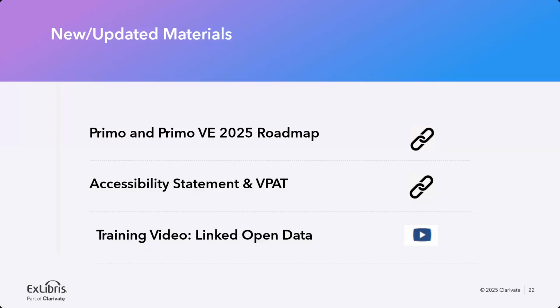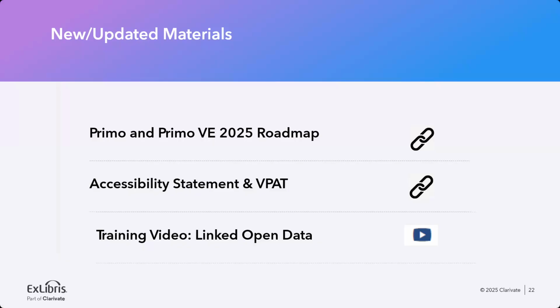The second change is in order to align with other Ex Libris products, such as Alma: we are introducing an 18-month roadmap document and not a one-year roadmap as we previously did. The reason is not just to align, but also to provide you, the community, an insight into the main idea of our vision and how we see a little bit further than just a year ahead. So this is about the roadmap.